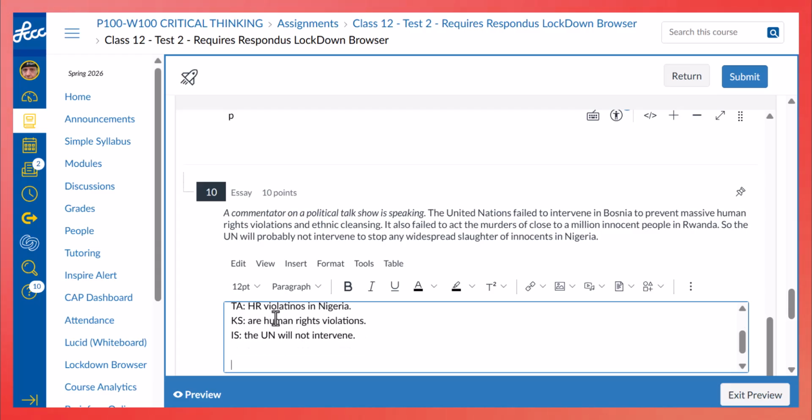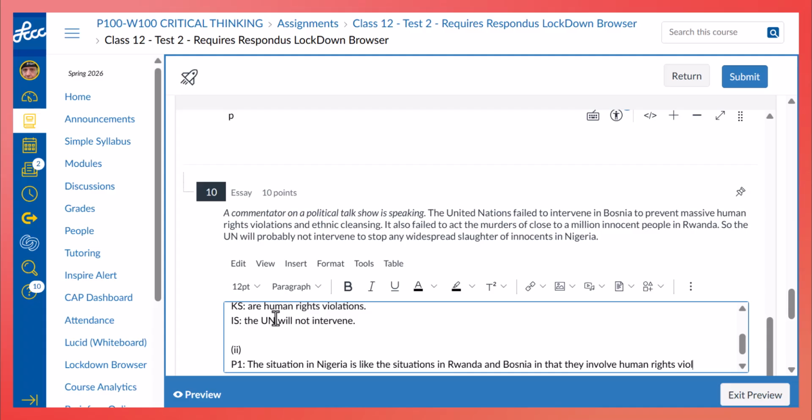All right, so for two, we can say P1, the situation in Nigeria, and again, I don't know which one they're referring to, is like these situations in Rwanda and Bosnia, in that they involve human rights violations.